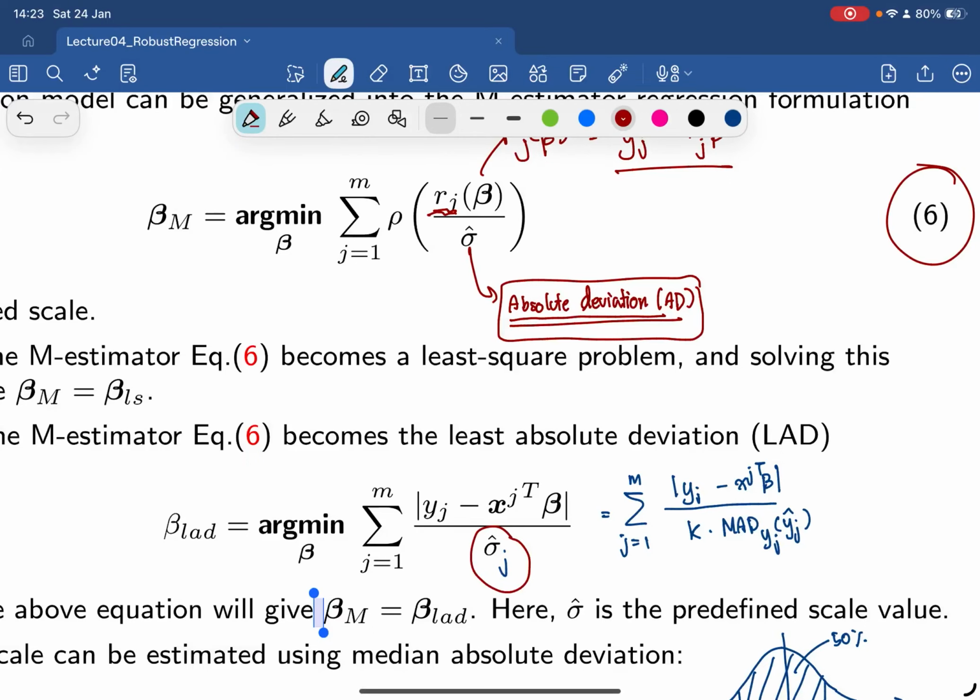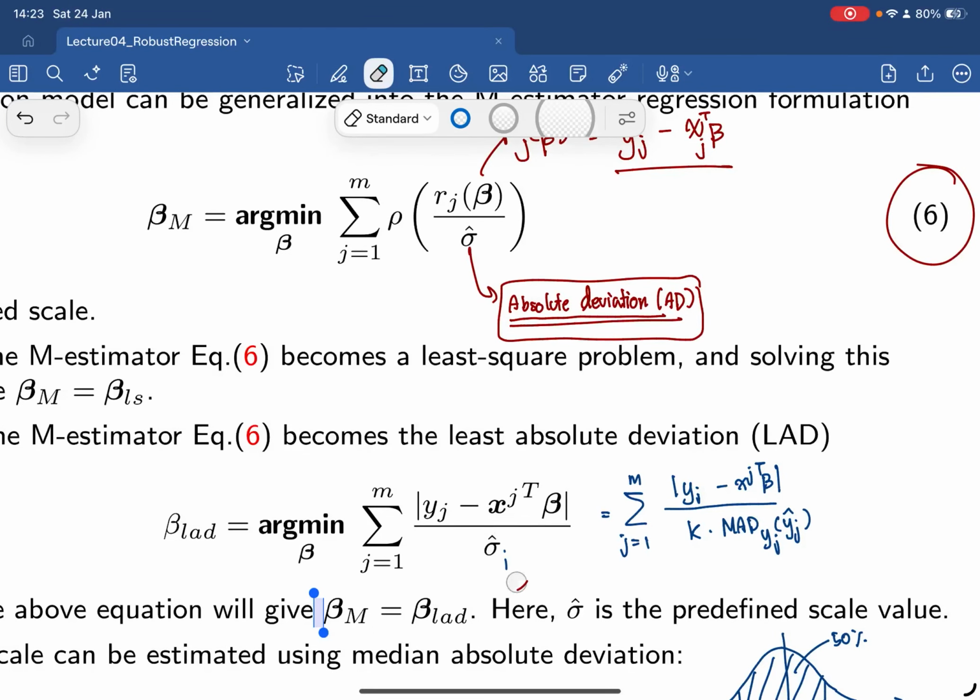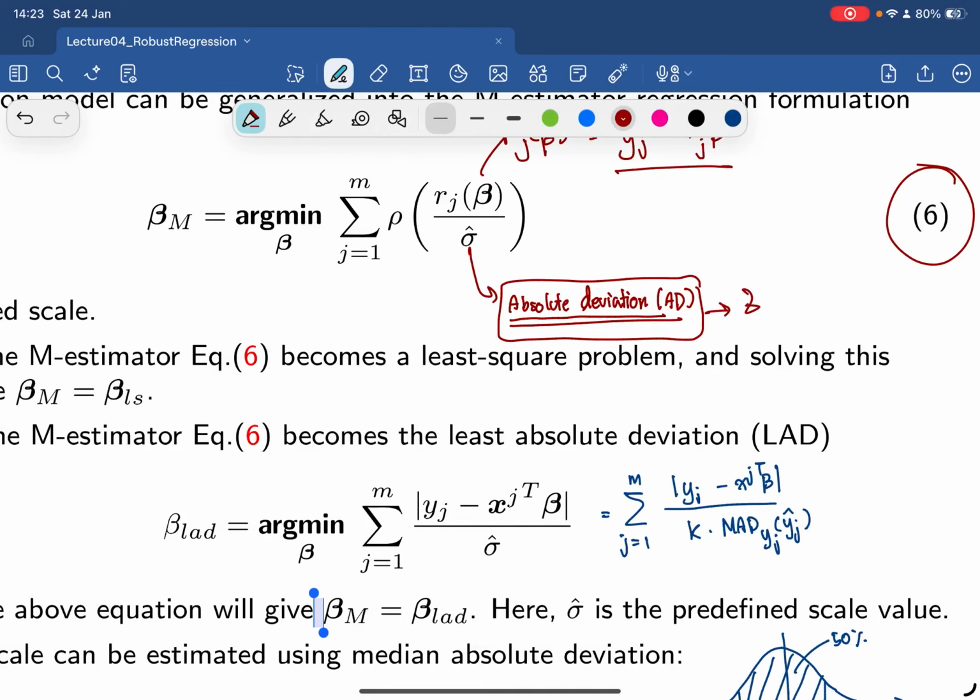I'll put it this way. For this algorithm, one way that you can normalize it is to calculate the absolute deviation for all j terms, and that could work.